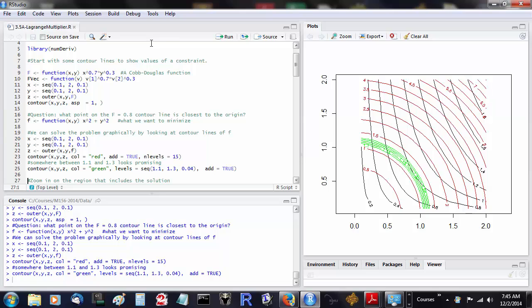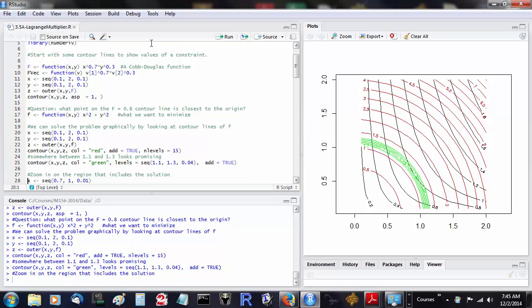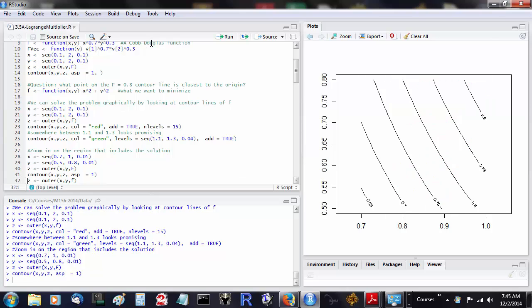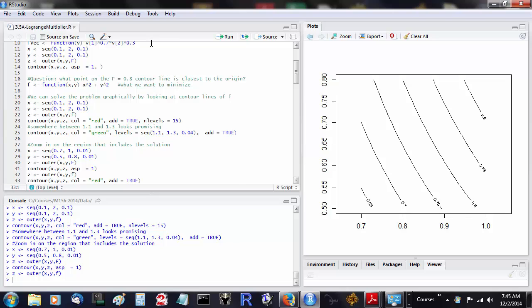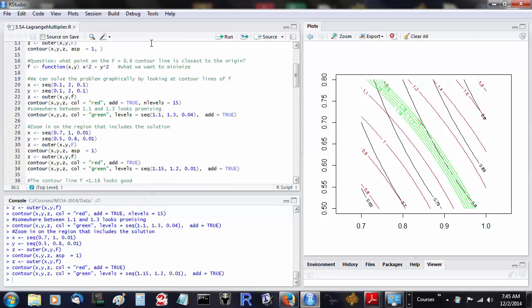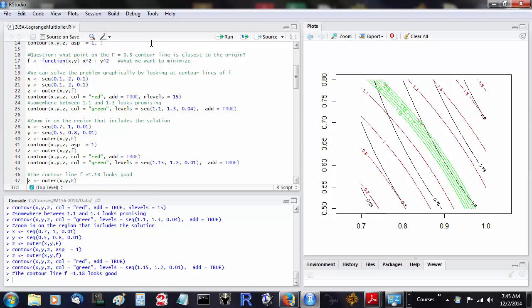Well, I've plotted 5 of those, and the one in the middle looks pretty good, but we can do better by zooming in and redrawing first our contour lines for the constraint function, then our contour lines for the function that we're trying to minimize, and the 5 contour lines that came closest to the solution. And it looks to me as though the contour line for 1.18 is the winner.